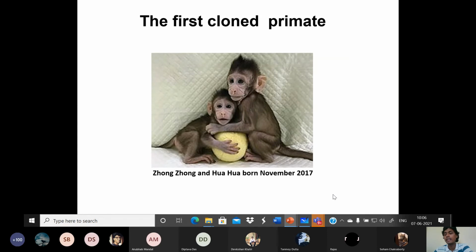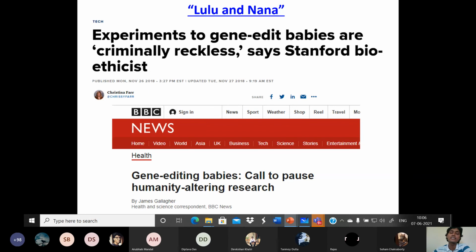Okay, and now the next slide is a problematic slide, but again that is in China, and the scientist is now behind the bar, in prison. So the thing is, what he did, he unethically edited some of the genetic makeup of human babies.